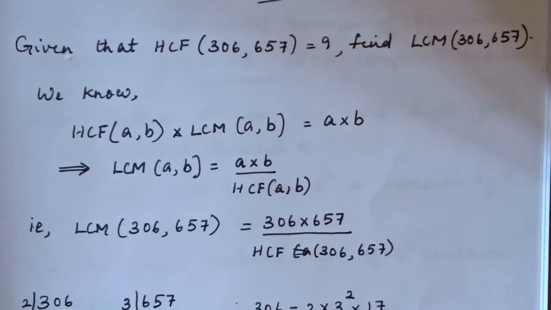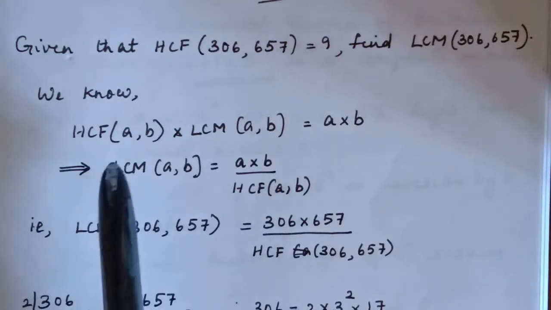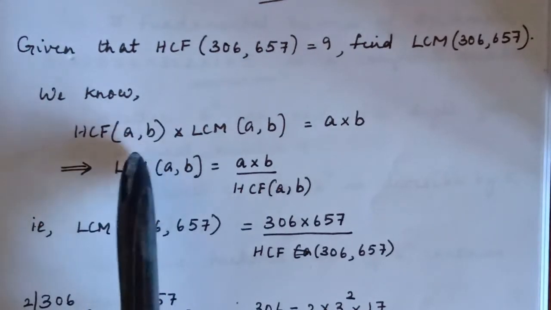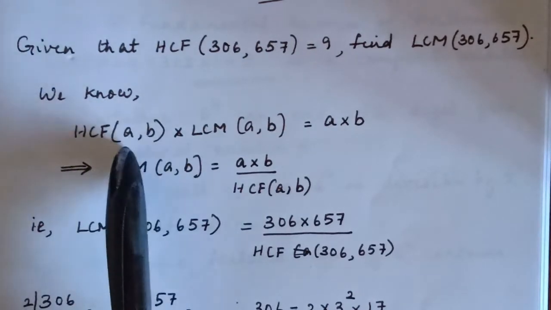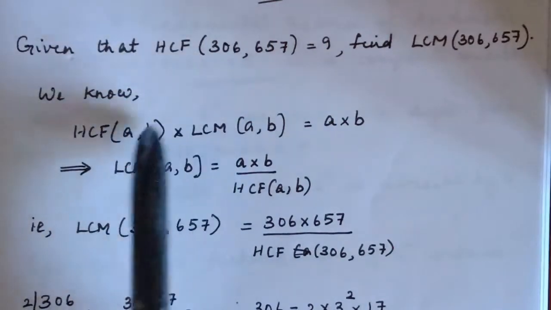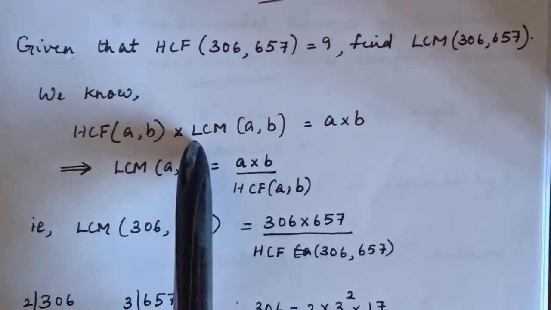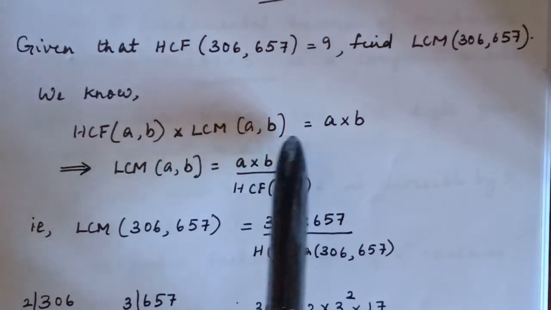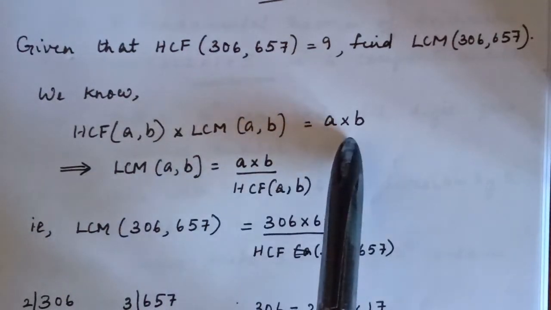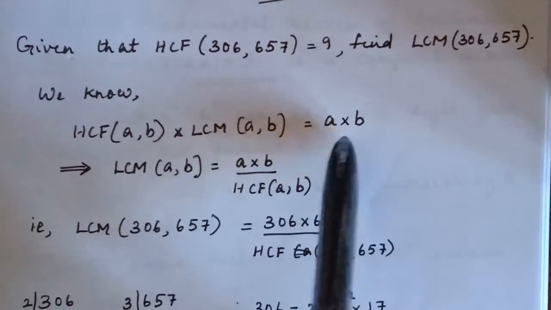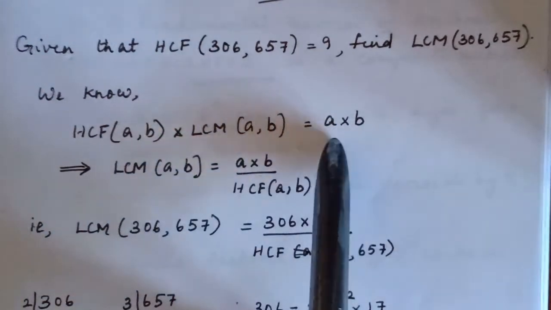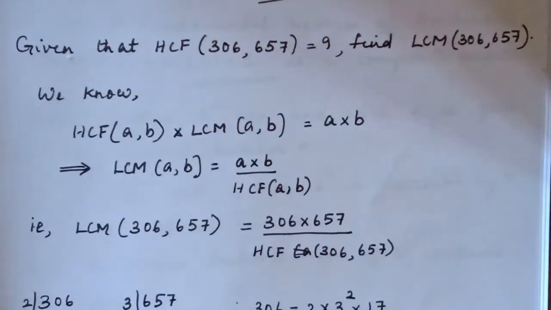Now yesterday we learned this: HCF of A and B, where A and B are the numbers, into LCM of A and B is equal to A into B. That is, HCF into LCM is equal to the product of the two numbers.